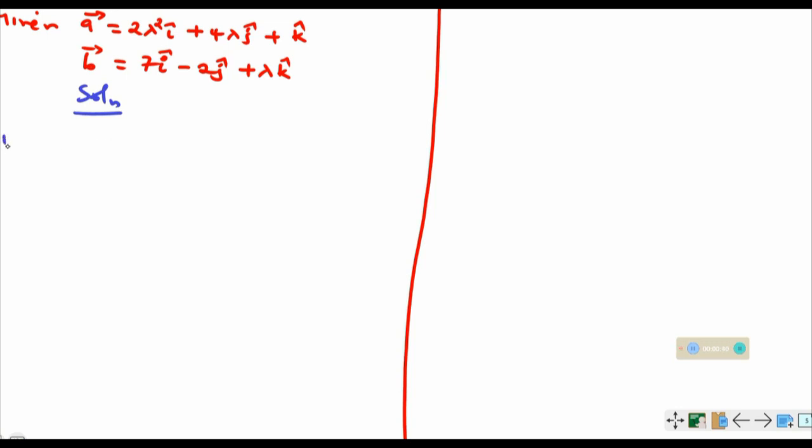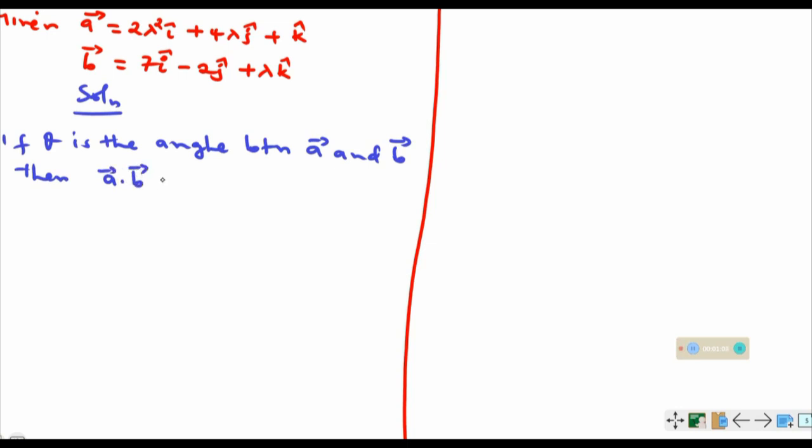Now, we understand that if theta is the angle which is between two vectors, vector A and vector B, then when you get vector A dot vector B, this will give you magnitude of vector A times magnitude of vector B cos of theta.